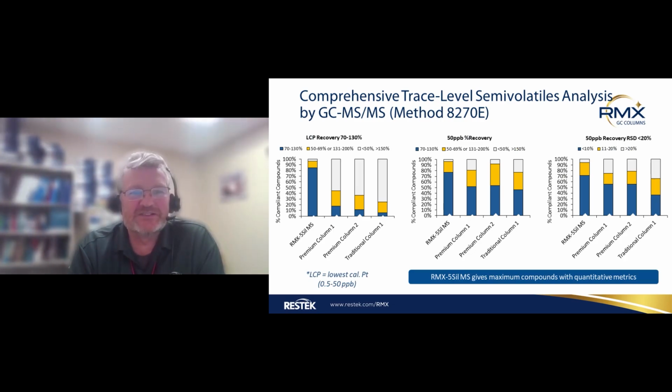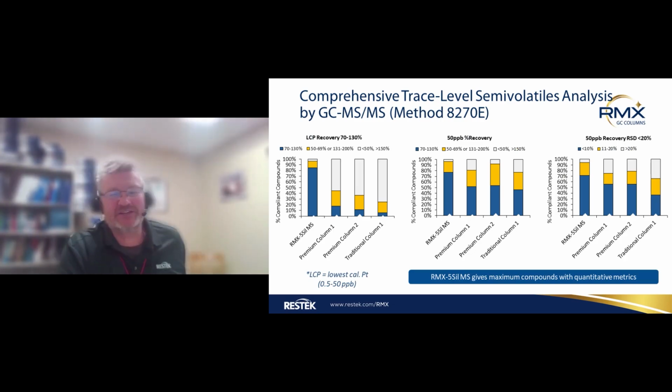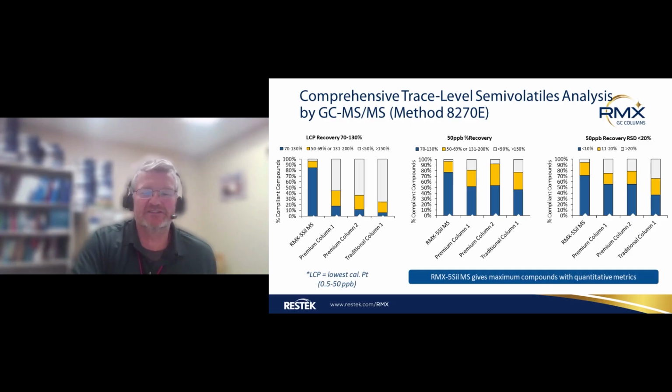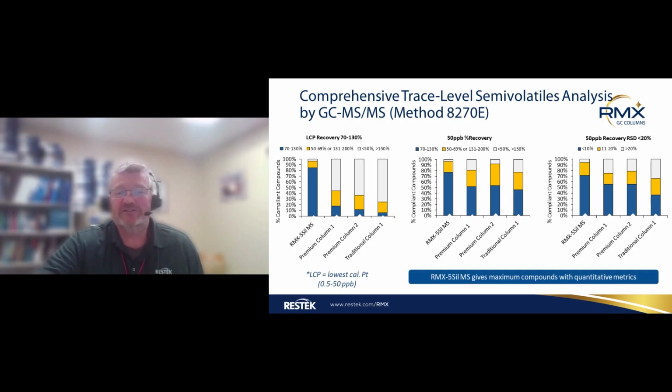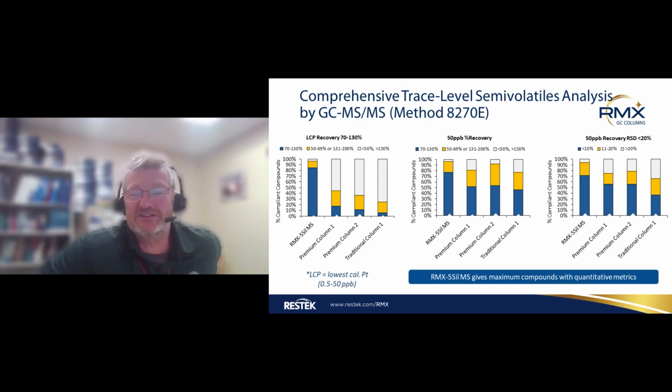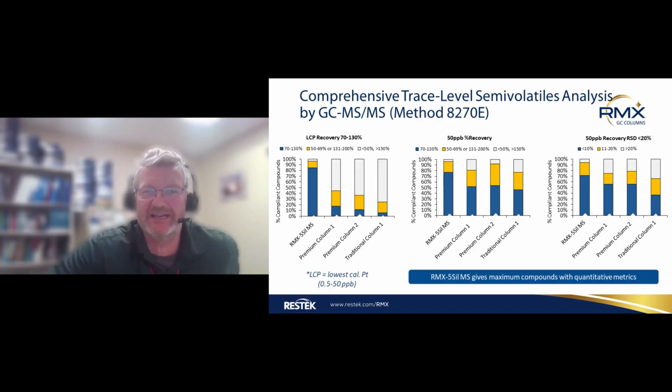And this is one of my favorite graphs here, and that's a low calibration point. Now, environmental labs do not run a low calibration point and calculate it against the calibration curve because the results don't always look very good, and they generally do a midpoint run for a continuing check standard or continuing calibration verification standard.